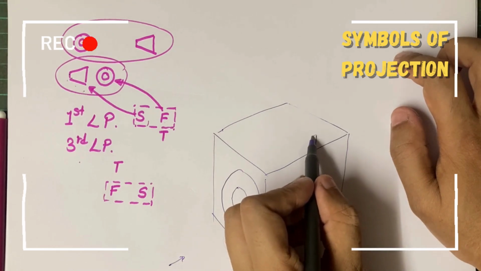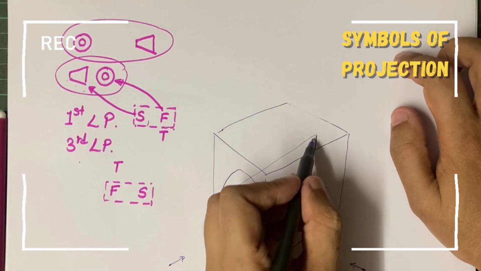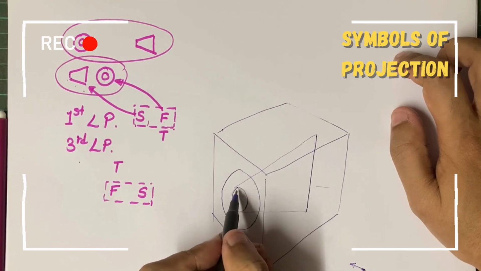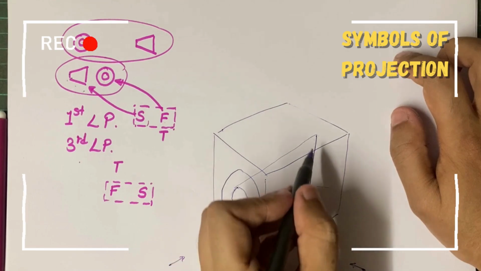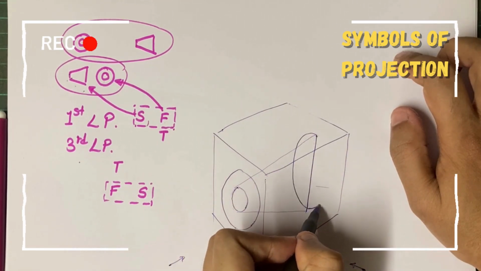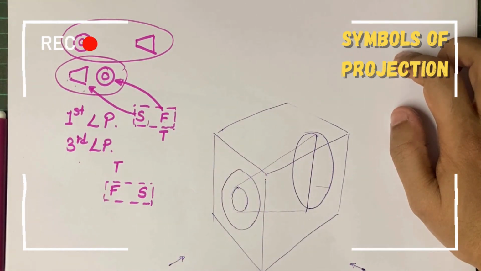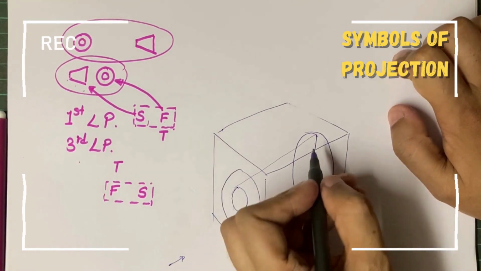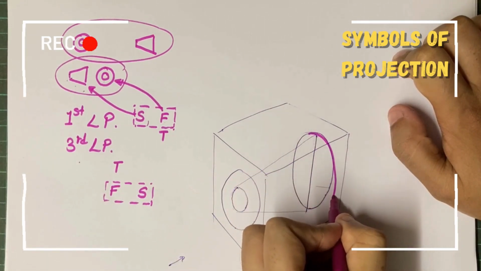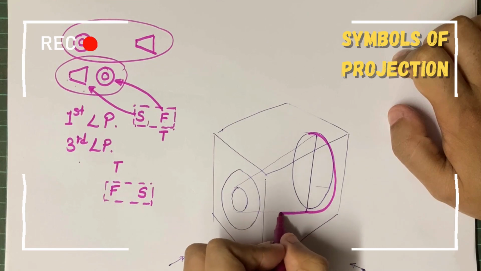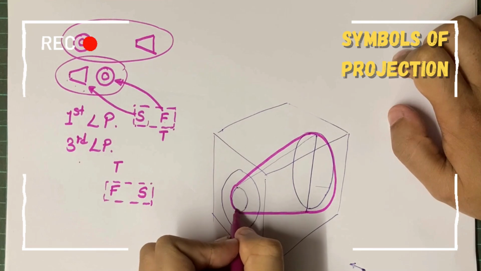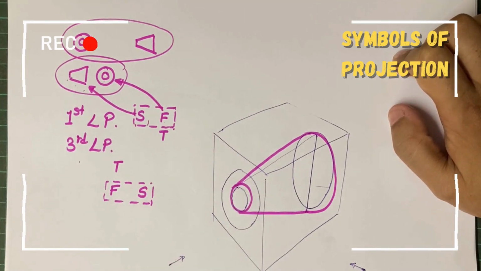You will notice that it actually is a shape where this circle is in the front and that larger circle is what you're seeing as a line over here. So in actual, it's like this. So what you're actually seeing is a shape that looks something like this.